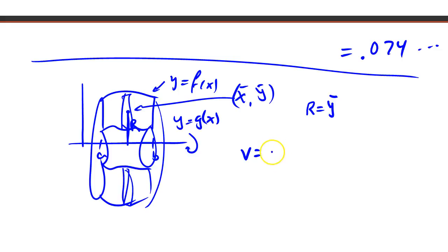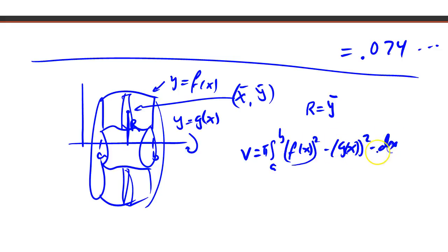And the volume is the integral from a to b of pi times the outside radius squared minus the inside radius squared, times dx. But Pappus says the volume should be 2 pi times the radius r, which is y bar, times the area.